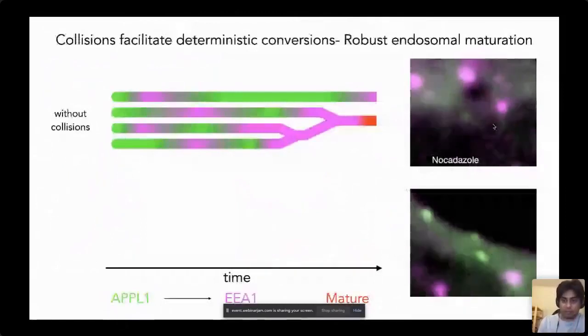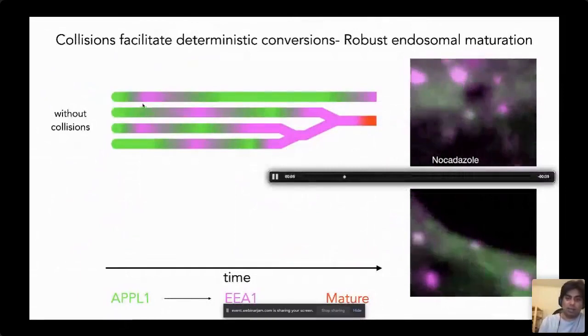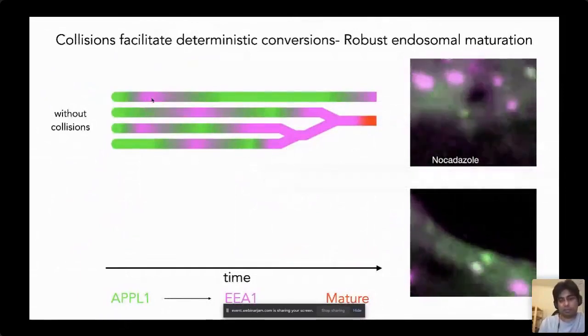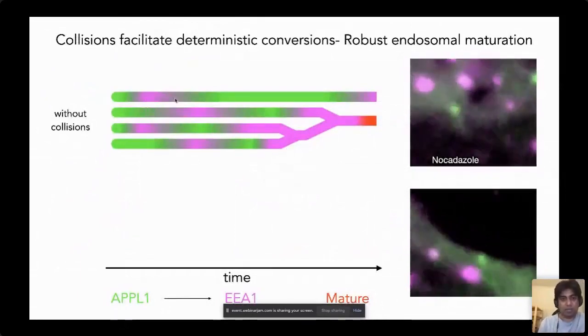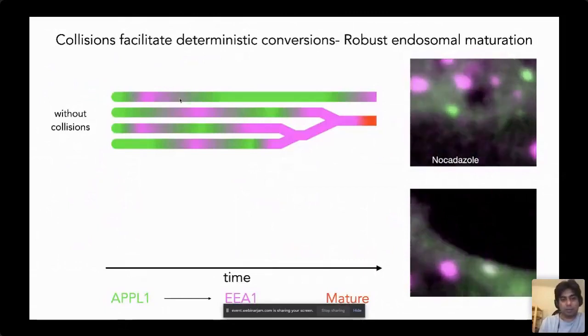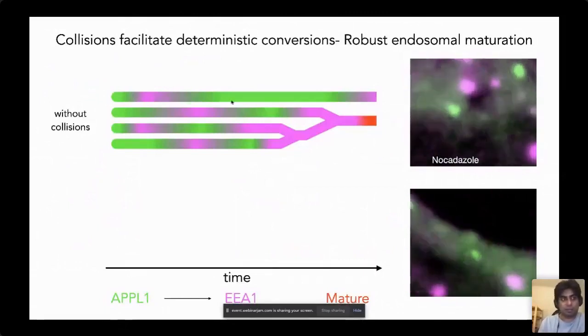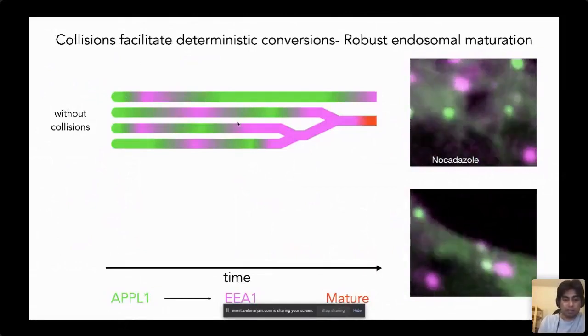So in short, what these experiments suggest is that without collisions, there is a propensity for these reactions to take place on the endosomes. However, they don't proceed very well to completion in time, and so they can have a lot of back and forth movements.